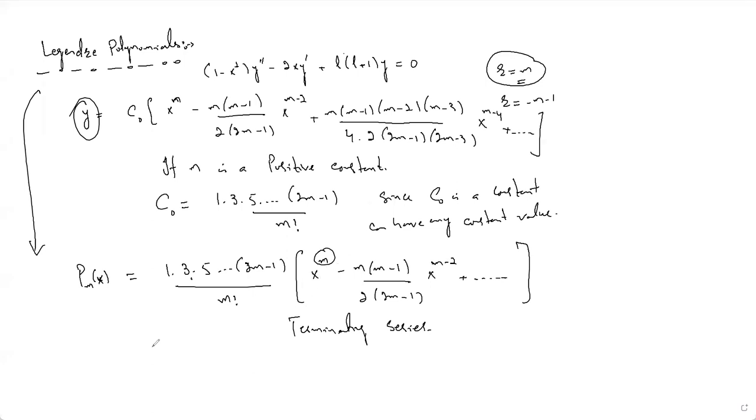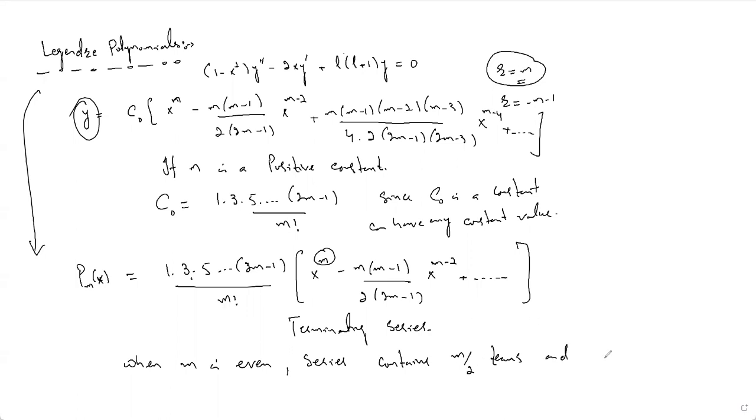When m is even, like 0, 2, 4, 6, 8, 10 and so on, the series contains m by 2 terms. For example, if m is equal to 4, the series will contain 4 by 2, that is 2 terms. If m is 6, it will contain 3 terms.